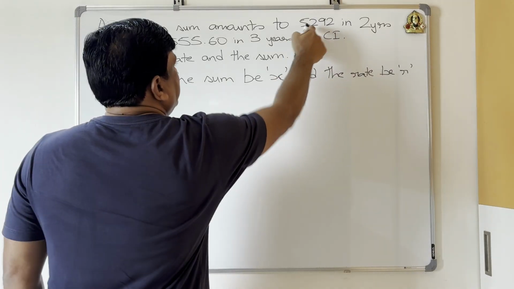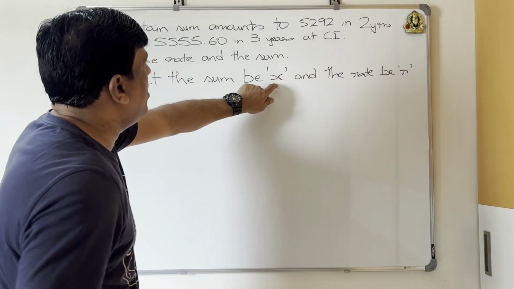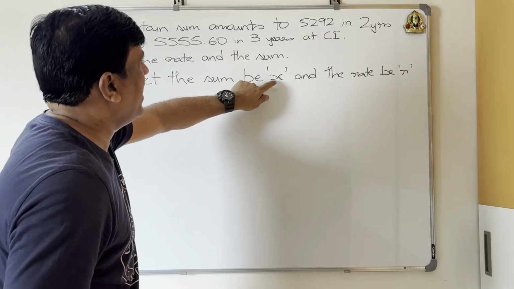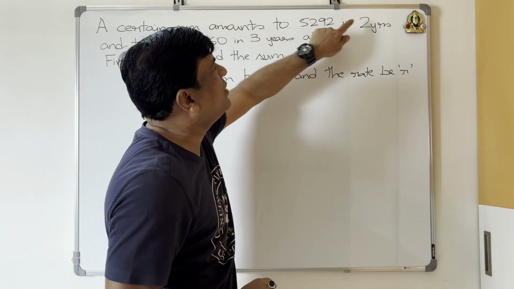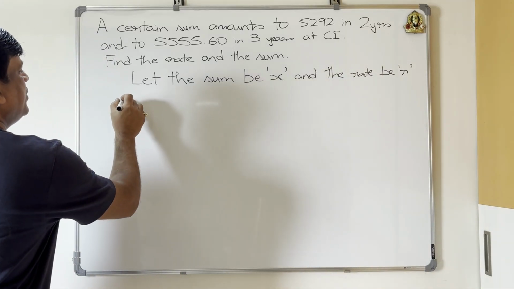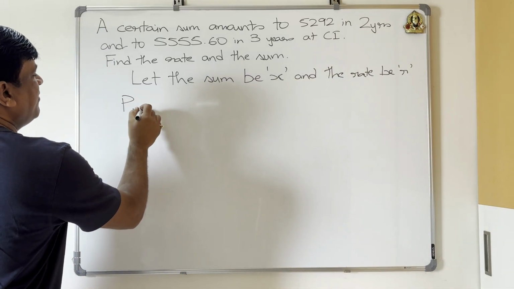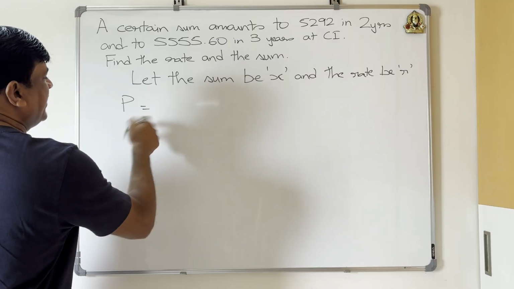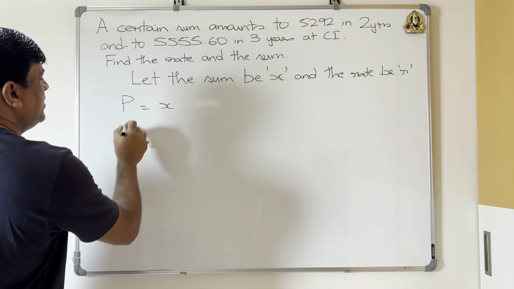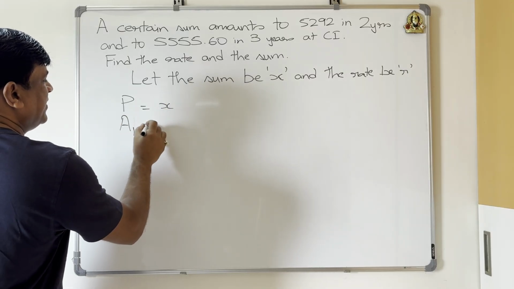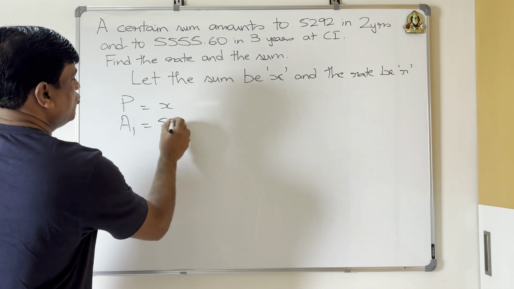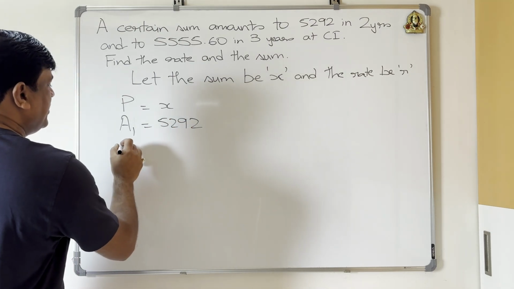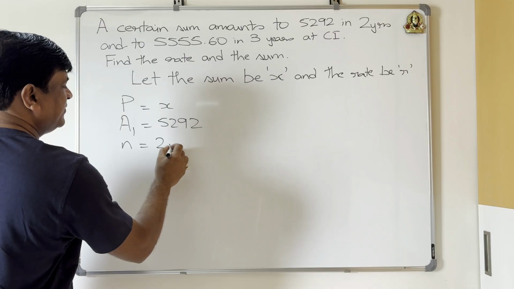The first bit they are saying is that the sum x amounts to 5292 in 2 years. So in the first case I have P is equal to x, because there is nothing called P1 over here. Amount 1 is equal to 5292. Your duration is 2 years.